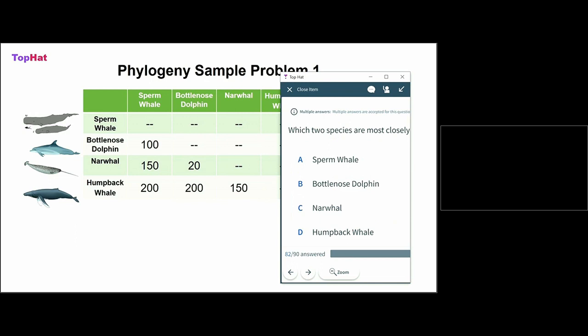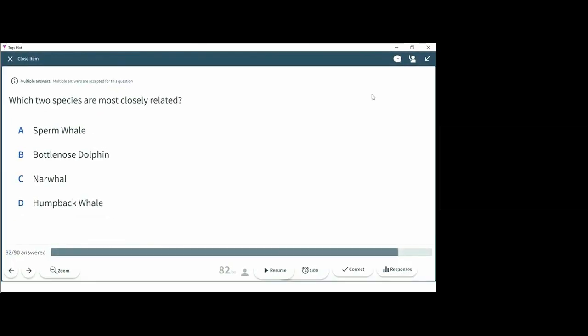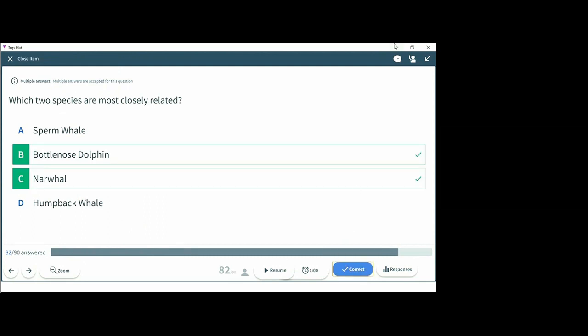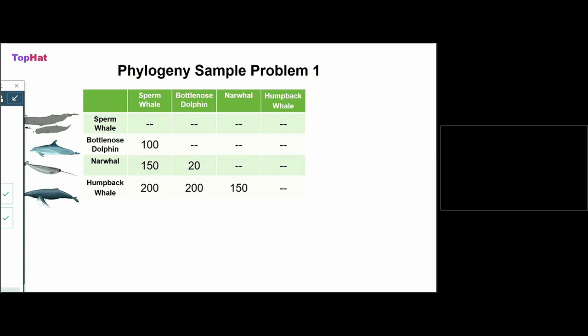Okay, so if we're looking for the percentage of differences, if they're the most closely related, are we looking for the smallest number or the biggest number? The smallest number, right? The lowest percentage of differences. So it would be the bottlenose dolphin and the narwhal, right? Because that number is the smallest number that we see on our chart, right?